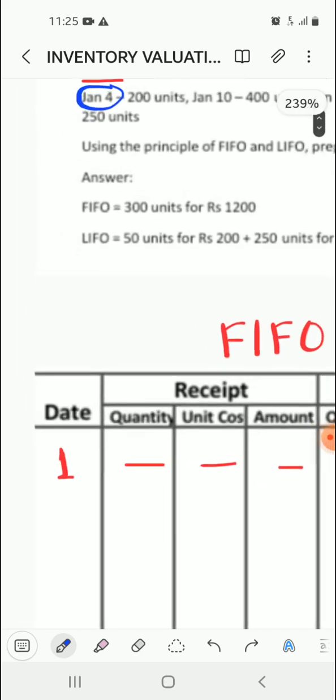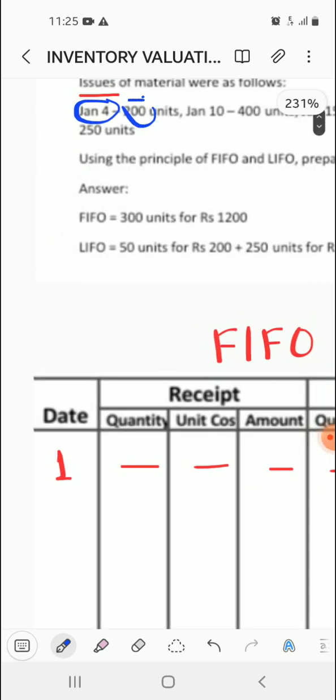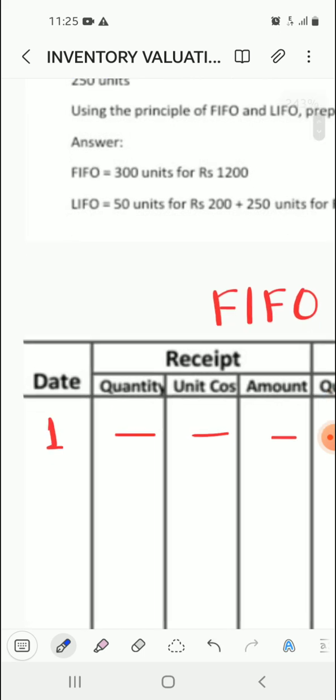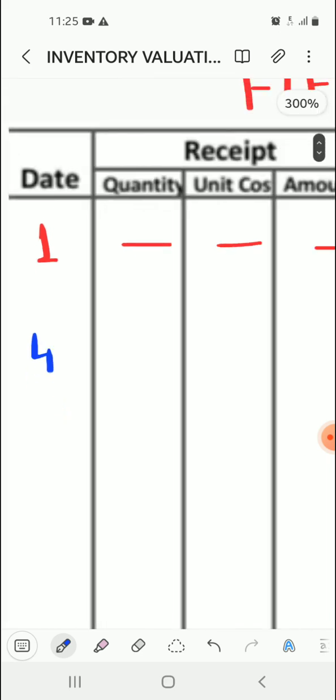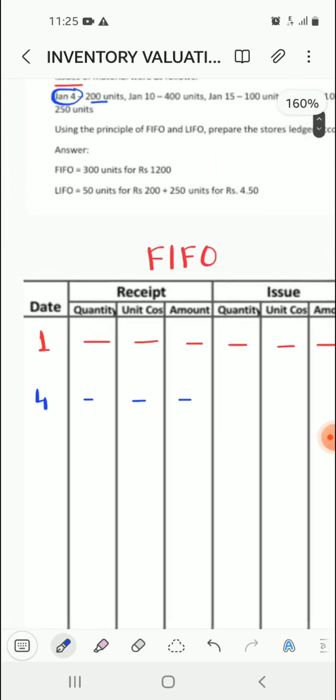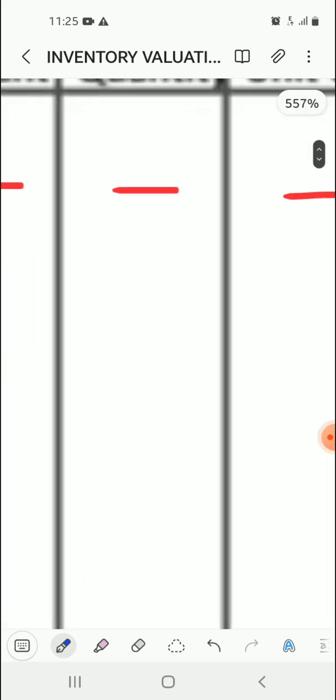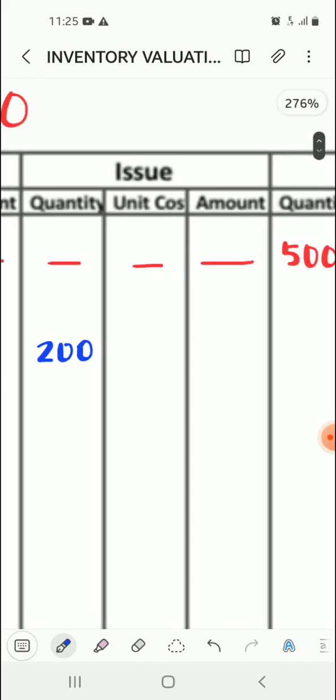On 4 we are going to issue 200 units. On Jan 4 nothing is purchased, so nothing to be written over here. Rather, for issue we are going to write 200.